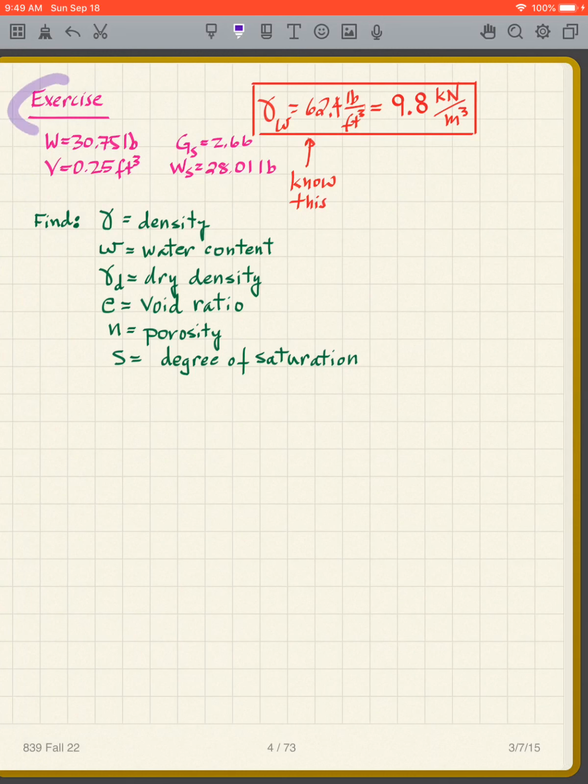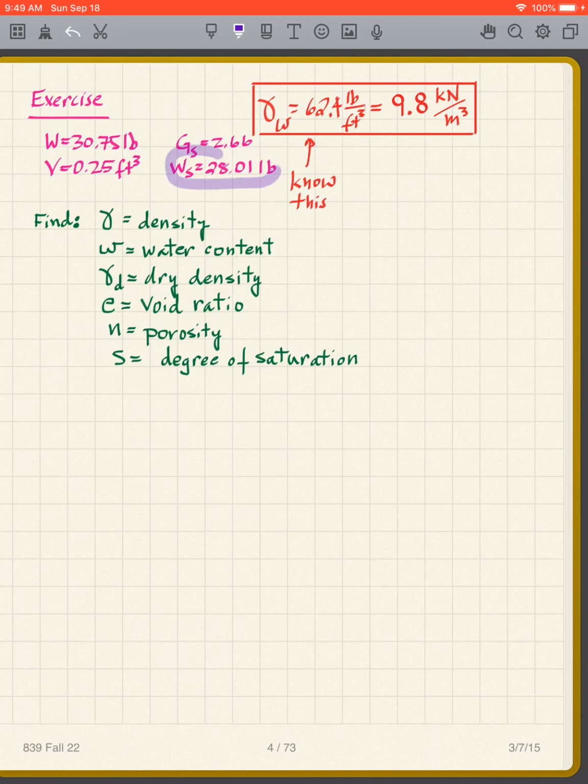Okay, here's an exercise. I suggest that you pause the video and work this exercise. This is what it is. I have a soil with a weight of 30.75 pounds, a volume of 0.25 cubic feet. Now remember, this is total. W is the weight of everything. V is the volume of everything. The G sub S refers to just the solid particles. G sub S is 2.66. Like I say, it's close to 2.7 in this particular case.